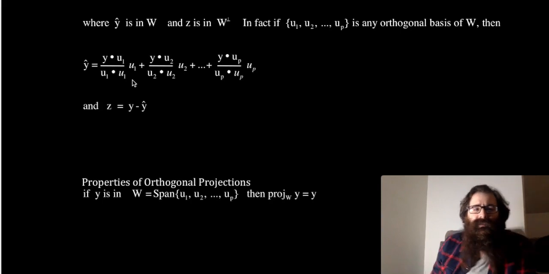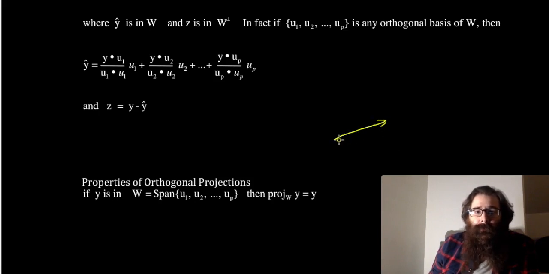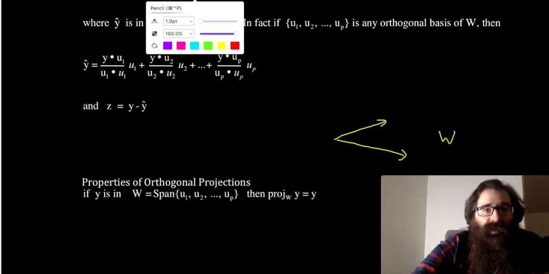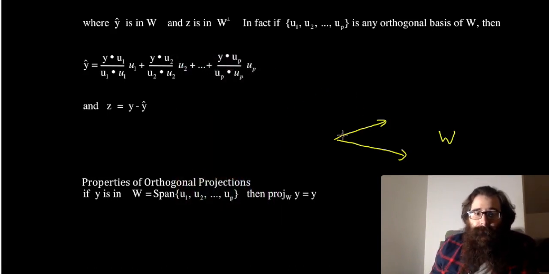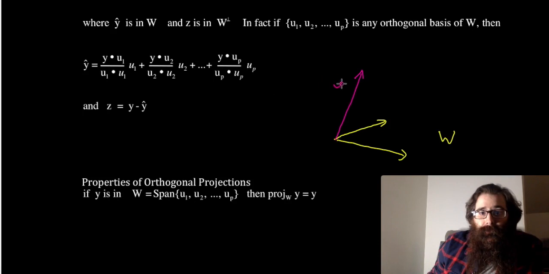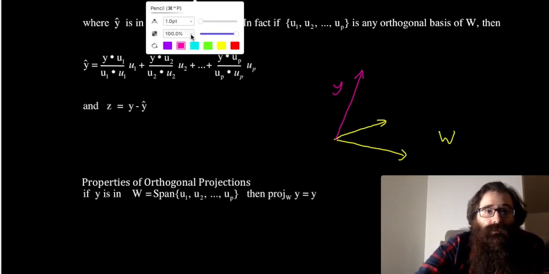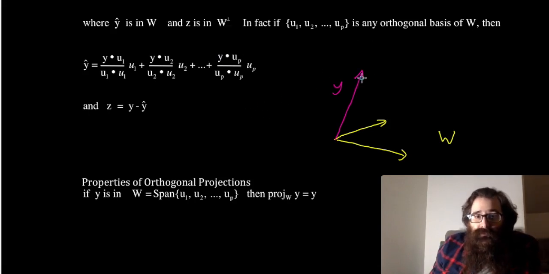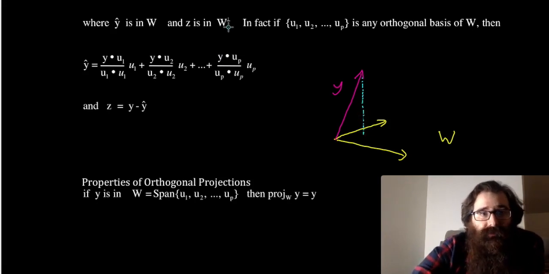And we saw this in the previous lecture, but let's get a really quick visualization just to refresh our memories. Let's say we had our subspace W look something like this. So this is W, and then we have our vector y. So that's our vector y. And we'll do a dotted line to sort of show that shadow being cast.